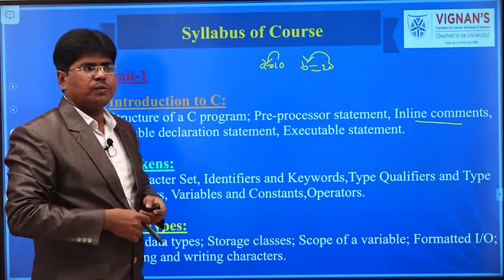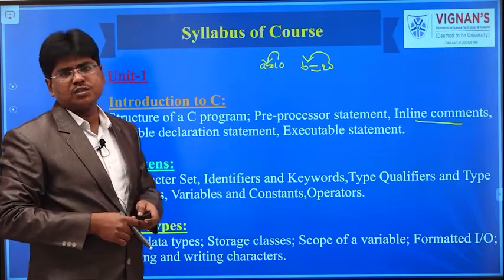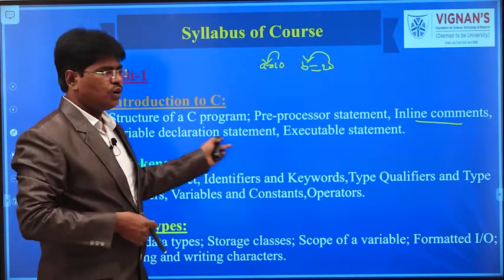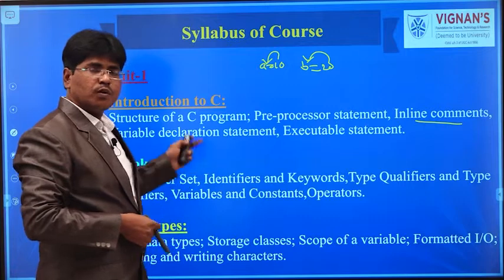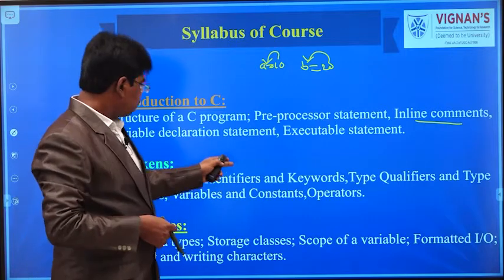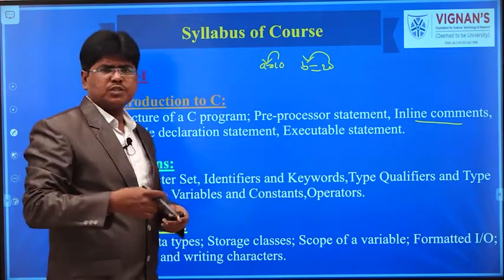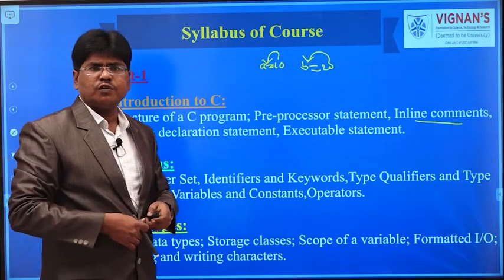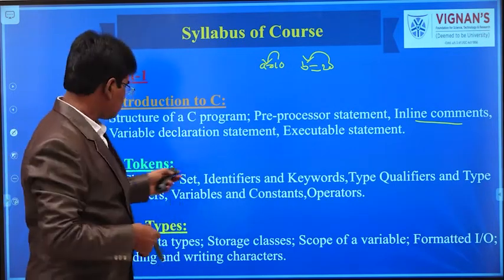We will study how we can handle variables, what the purpose of variables is, and how we can declare variables in this concept. And executable statements means the statements and functions that are involved when you go for execution, which we will study.